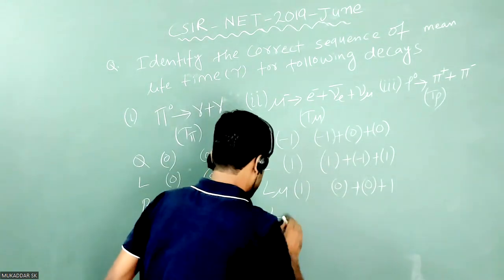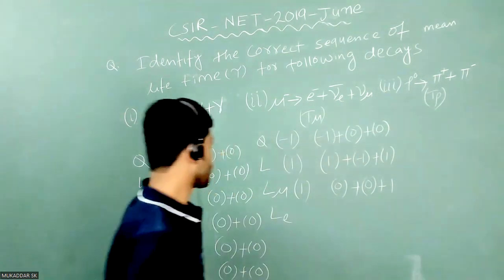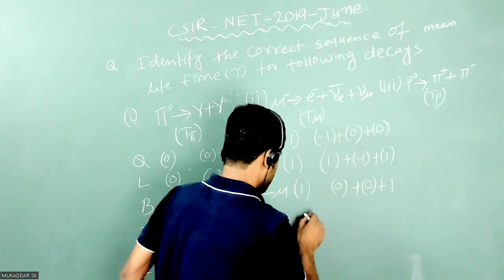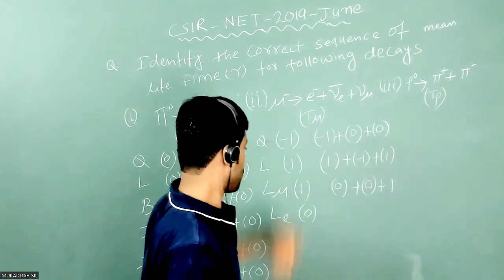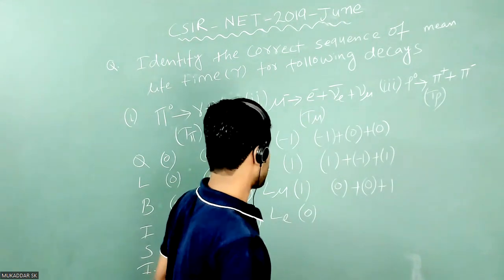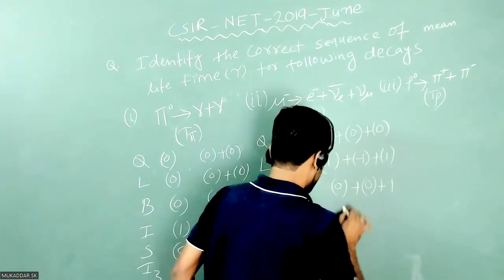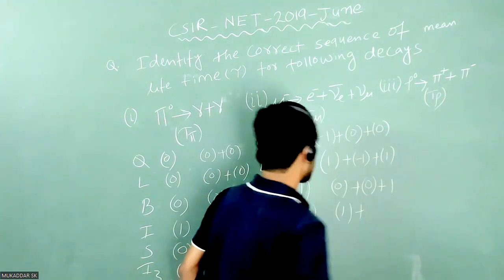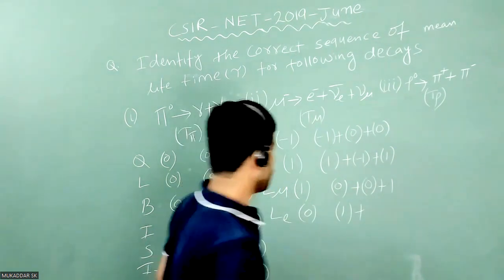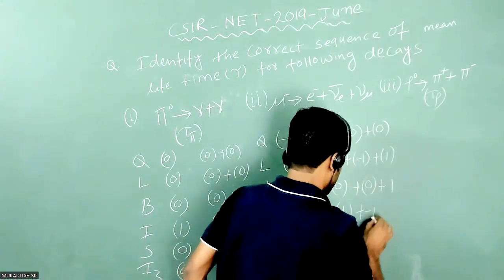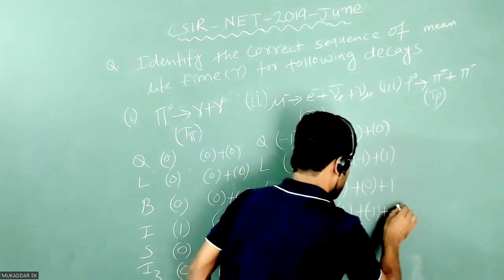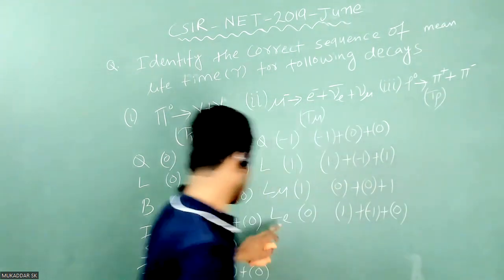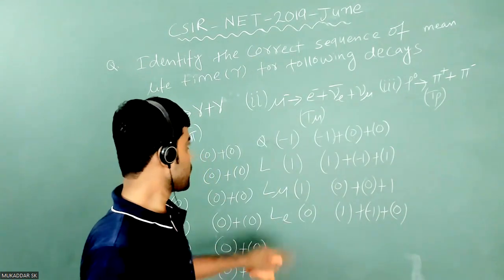Now we'll check Le, the electronic lepton number. On the left hand side, mu minus, so obviously this number will be 0. For e minus, on the right hand side, this number will be 1. For nu e bar, this number will be -1. And for nu mu, this number will be 0. So Le is also conserved.